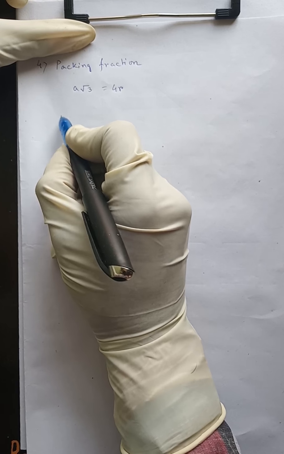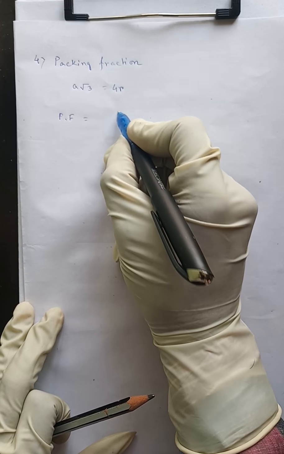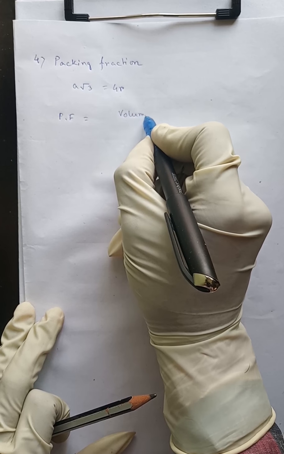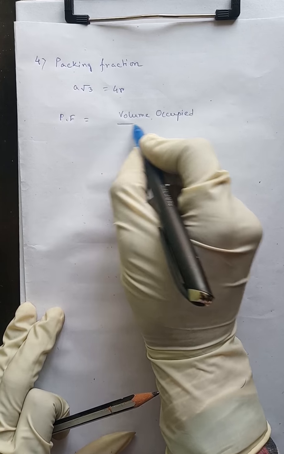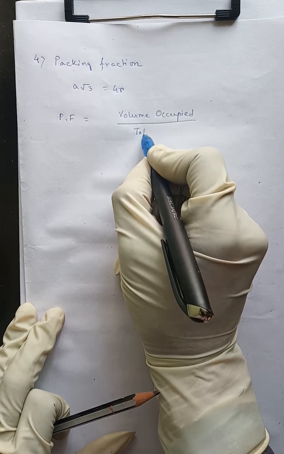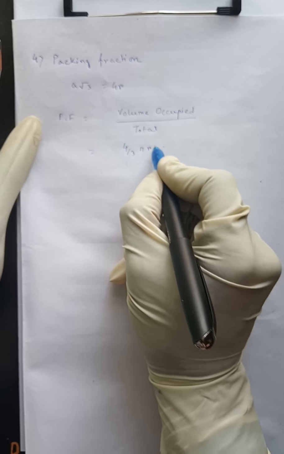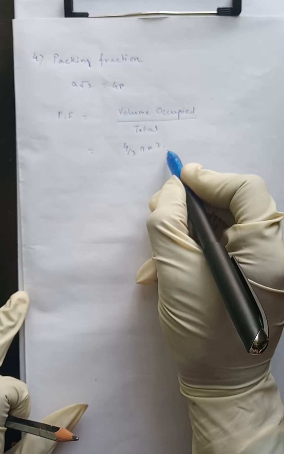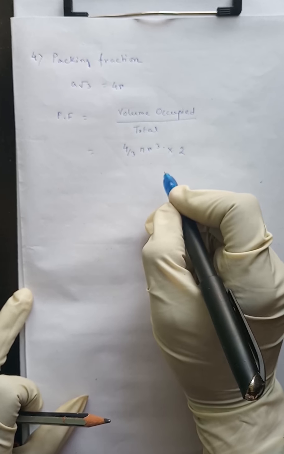So the packing fraction will be volume occupied by total volume. So this will give 4/3 pi r cube into 2, because the unit cell contains 2 atoms.